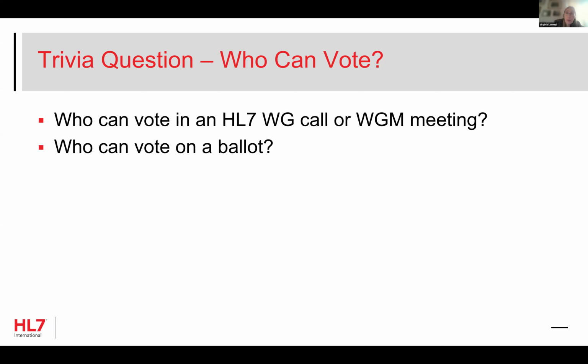To sign up for a ballot pool, you either need to be a member of HL7, which could include being a member through an affiliate, or registered voting members on a corporate membership, or an individual member, or you can pay to participate in a particular ballot. So anyone can actually vote, but you also have to be in the ballot pool before you can vote in a ballot.